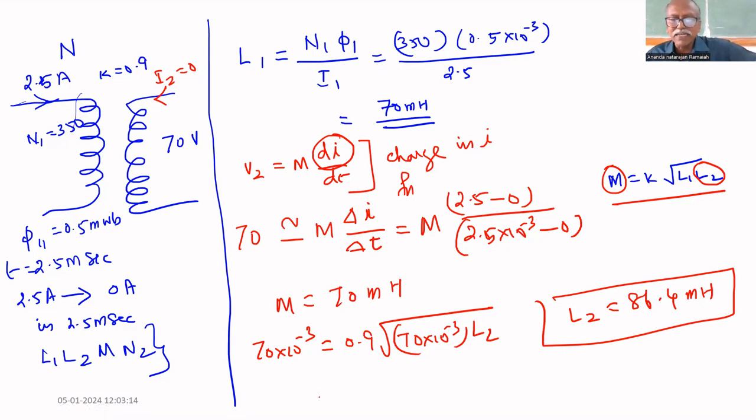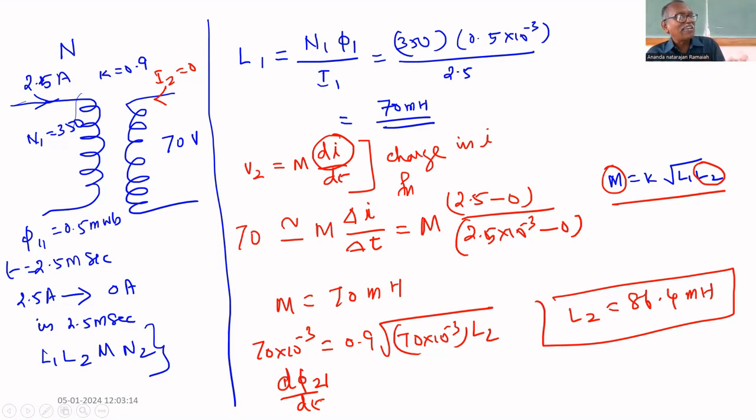What is d phi 21 by dt? In phi 21, the first digit is for the coil and the second is the current in the other coil. We have to find phi 21 because there is no current in the second coil, but there will be flux because of the first coil. The first coil flux is 0.5 milliweber.